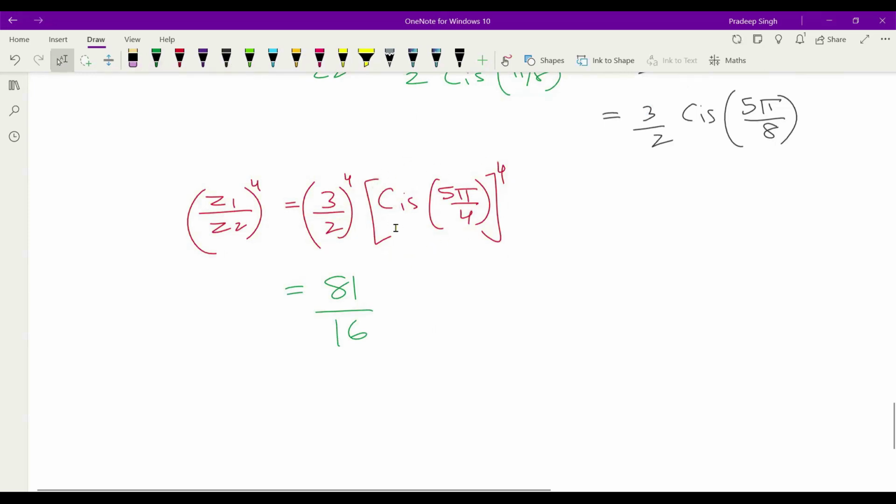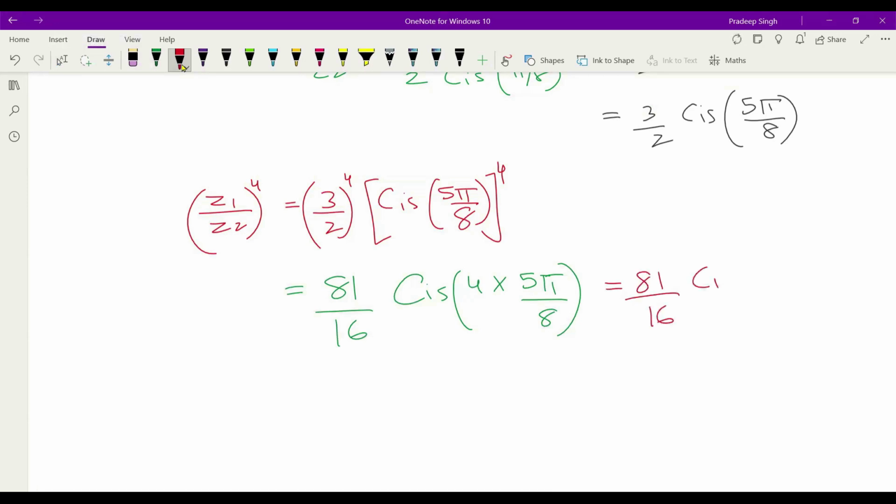So if we remember, whenever a cis function is raised to any power, the power gets multiplied with the given argument. So we will write cis of 4 into 5 pi by, sorry, I have made a mistake. This is 5 pi by 8, not 5 pi by 4. So let's correct that. So it was 5 pi by 8. And now we can raise the entire cis parameter to the fourth power. And now on simplification, the final result will become 81 upon 16 cis of 5 pi by 2.